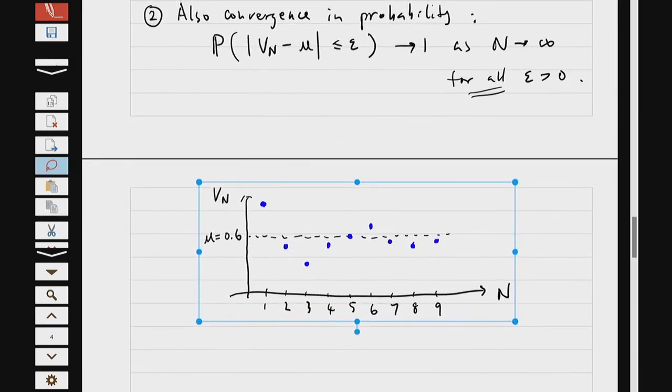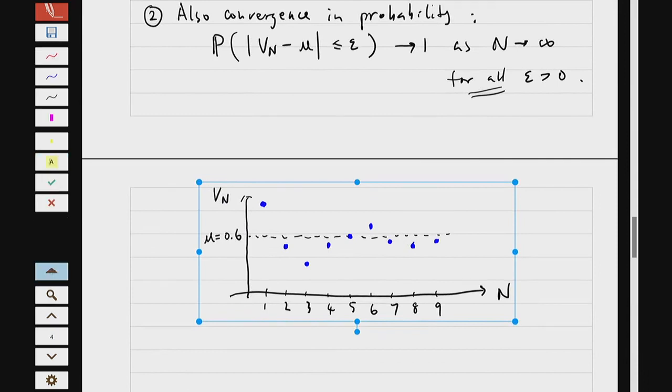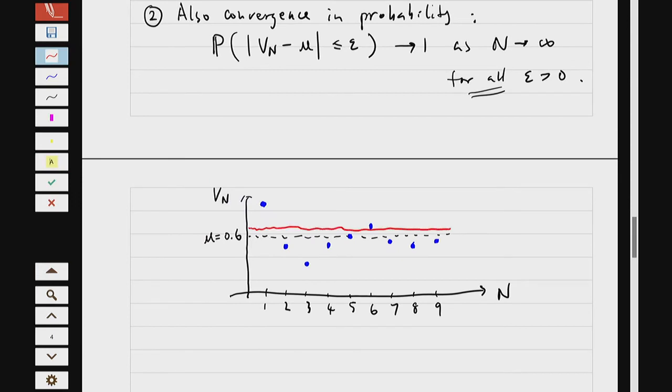So how do we indicate this? Let's say a small bound around the mu, right? So this would be mu plus epsilon, and this would be mu minus epsilon, right?